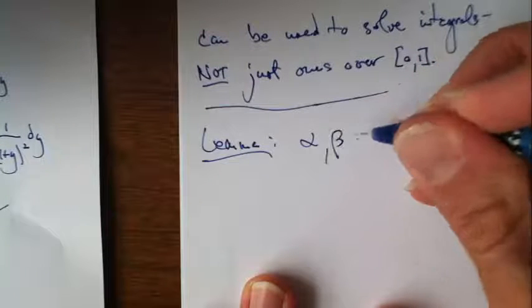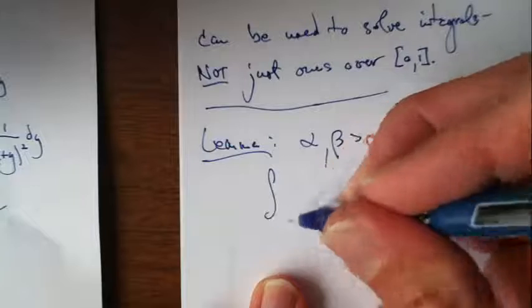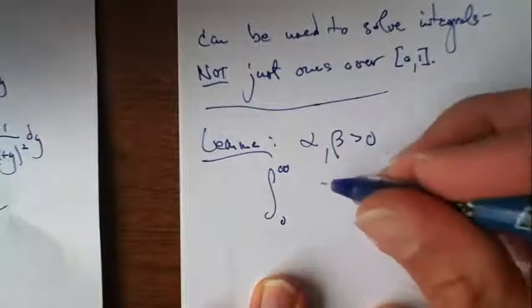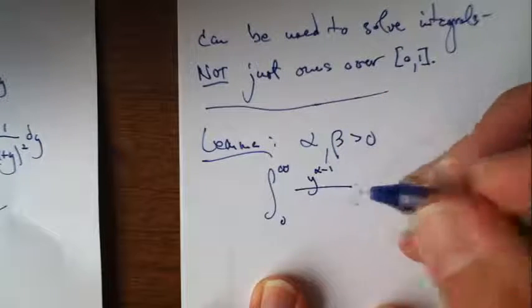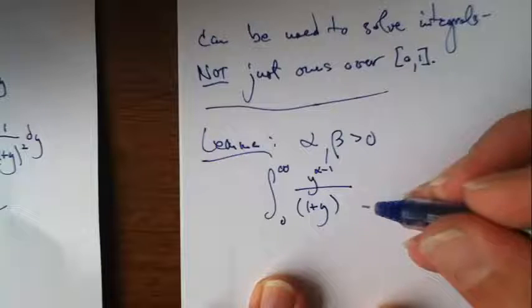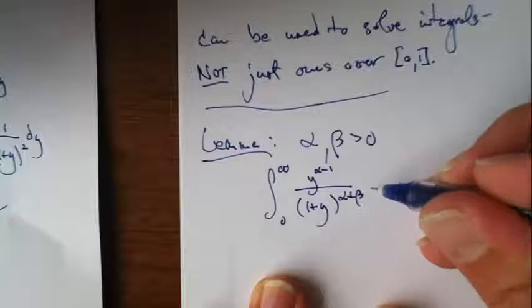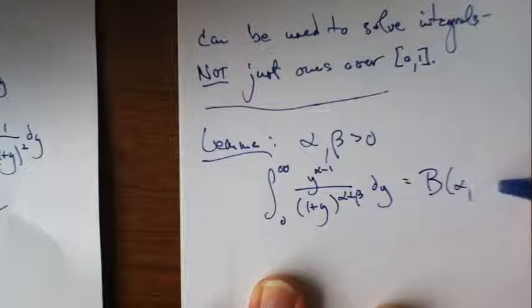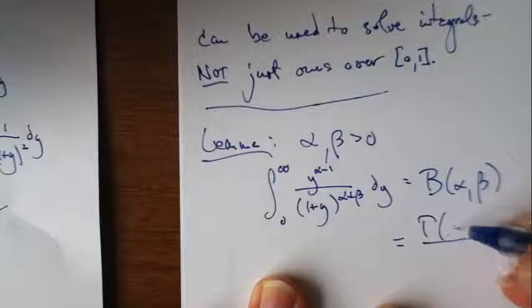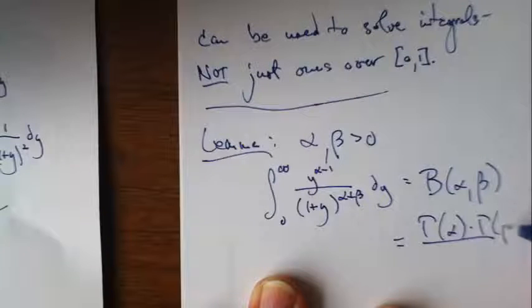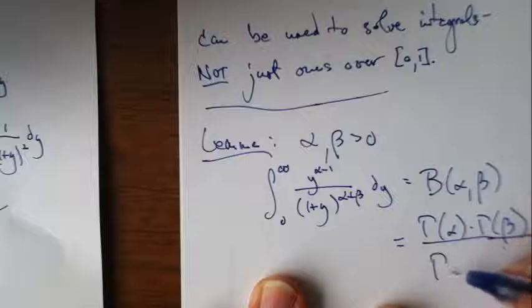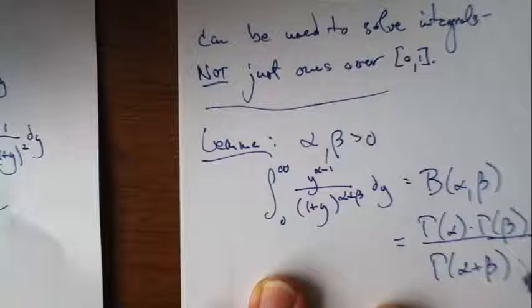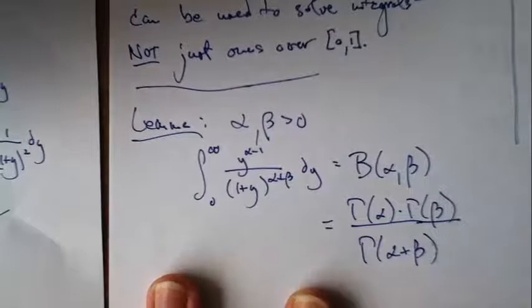If alpha and beta are numbers bigger than 0, then the integral from 0 to infinity of y to the alpha minus 1 over 1 plus y to the alpha plus beta dy turns out to be just the beta function evaluated at alpha and beta, which of course we know is gamma of alpha times gamma of beta all over gamma of alpha plus beta, which can be very easy to evaluate if alpha and beta are integers, or non-negative integers, right?